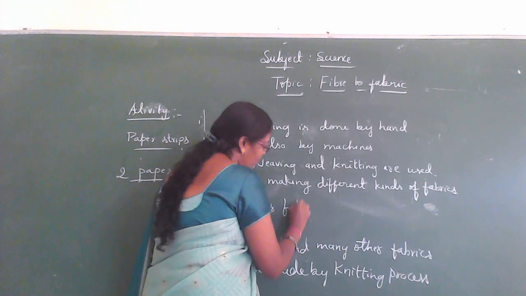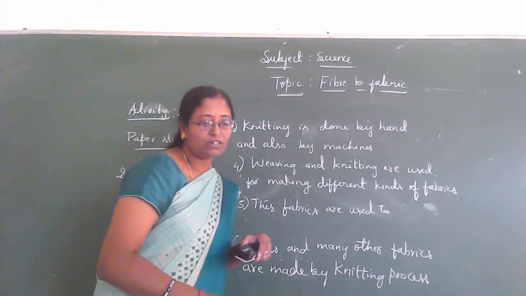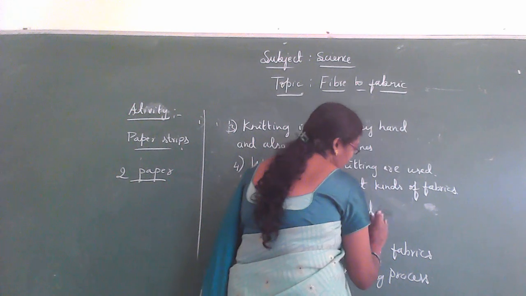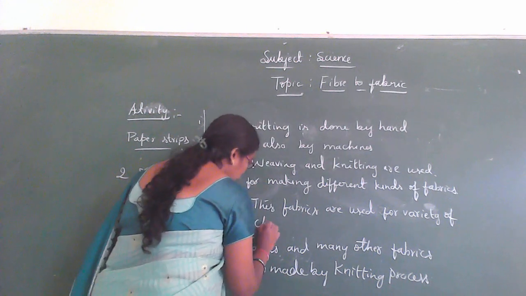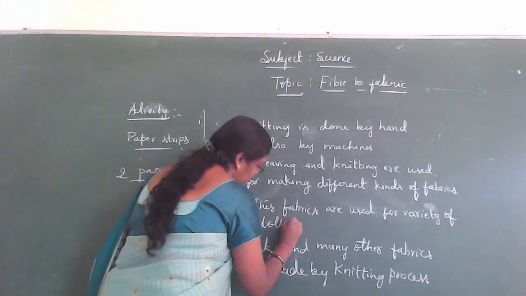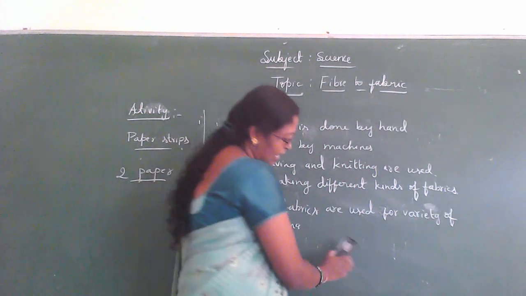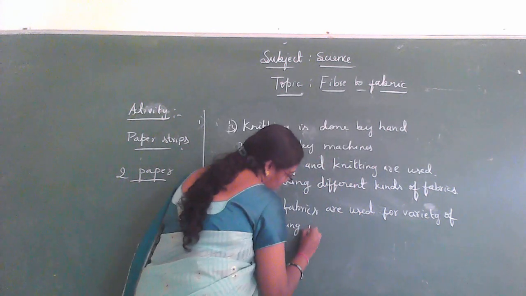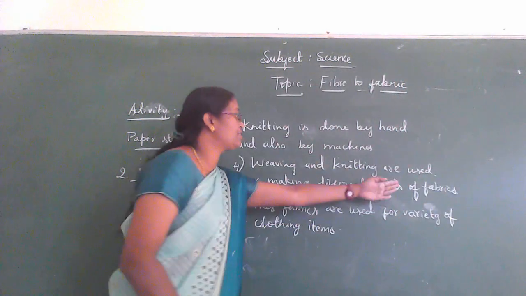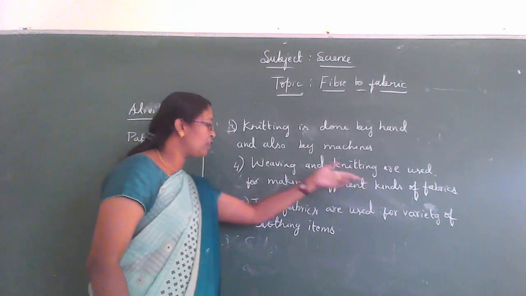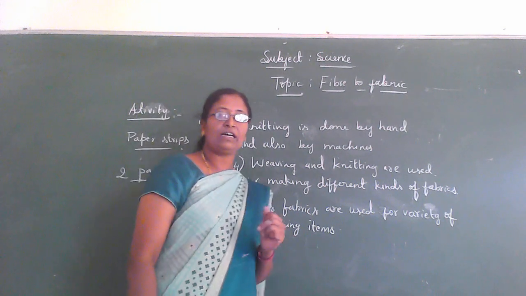These fabrics are made by the weaving and knitting processes, and they are used to make a variety of different kinds of cloth items.